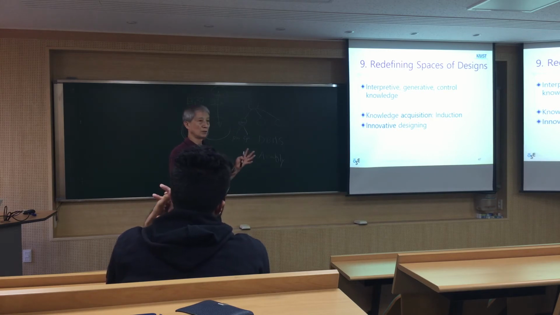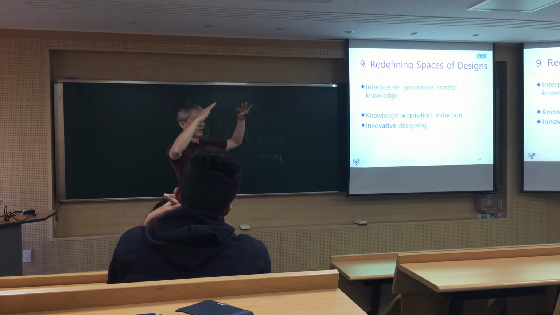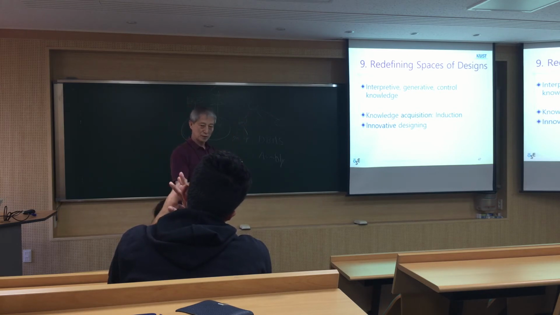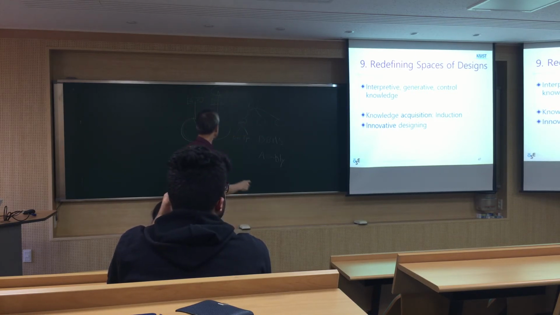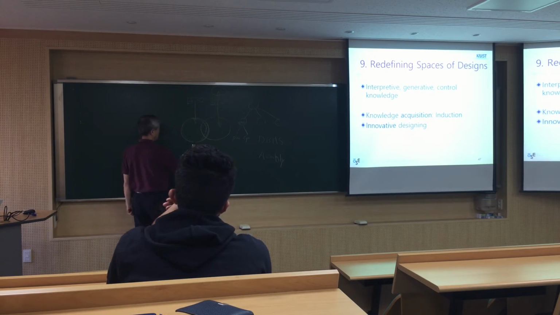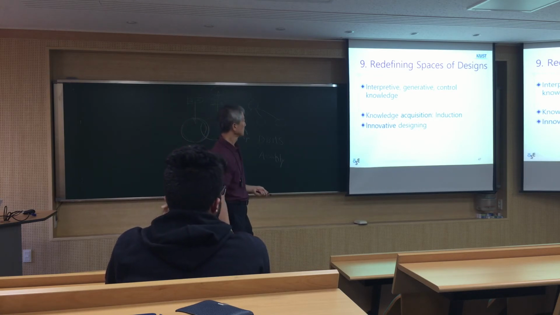But now we are thinking about how we can enlarge or shrink the design space itself. That is another way of thinking. So the knowledge is this one, and this one gives you the size and scope of this space. That is decided by this knowledge. By changing this knowledge, you can redefine the space or boundary of this.